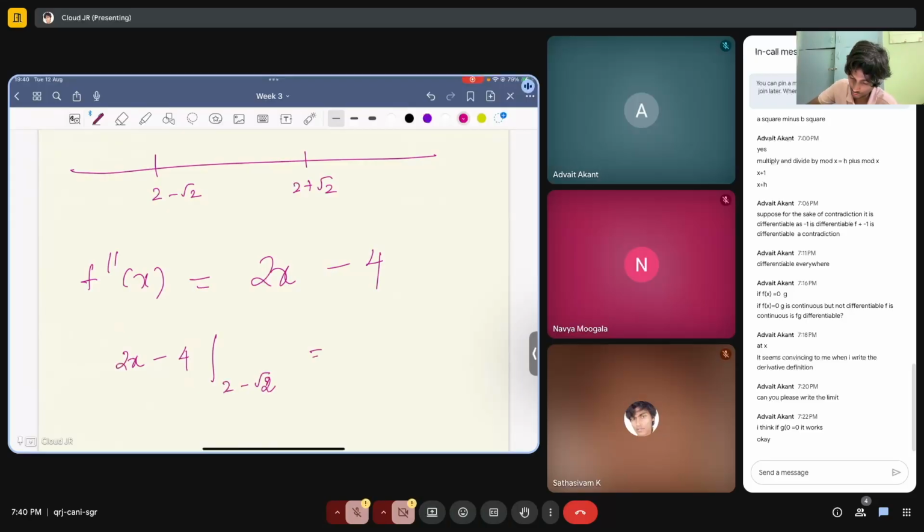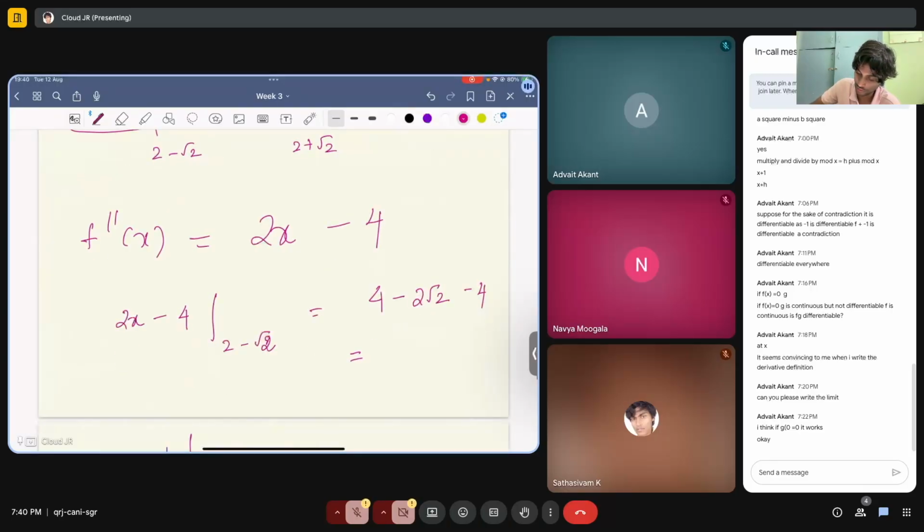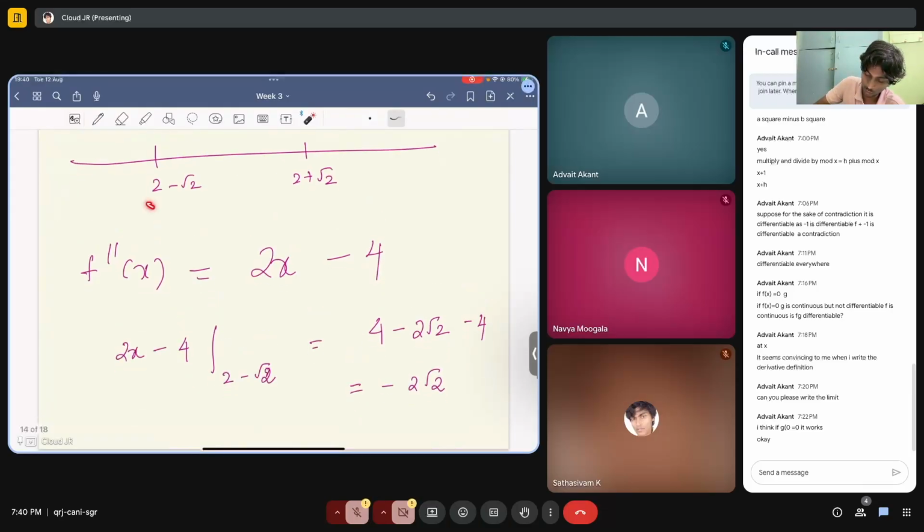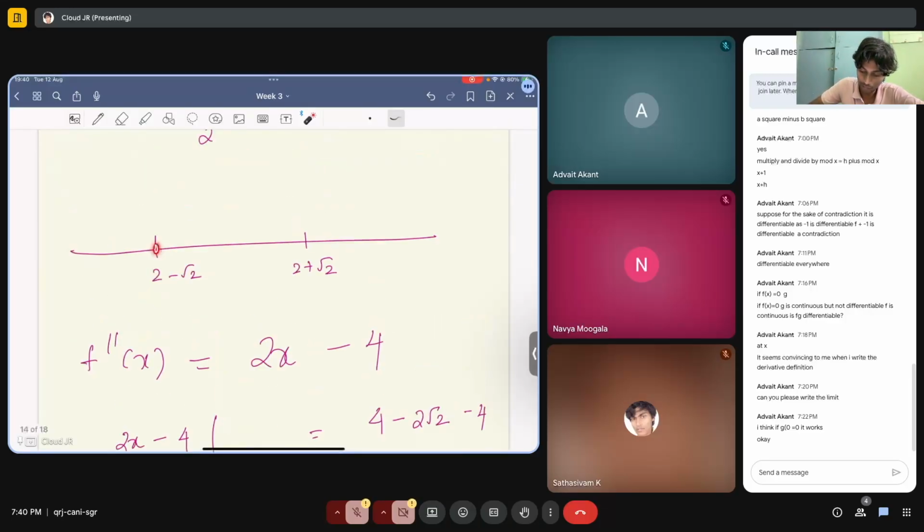That will be 4 minus 2 root 2 minus 4, so this is minus 2 root 2. So at the point 2 minus root 2, the second derivative is negative, right? So this point is a maxima.